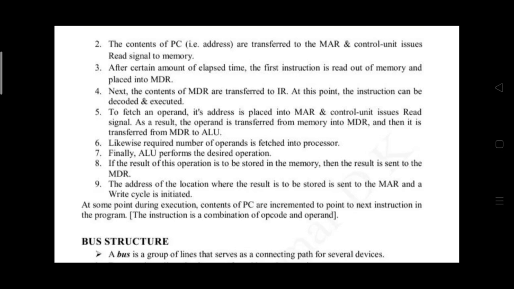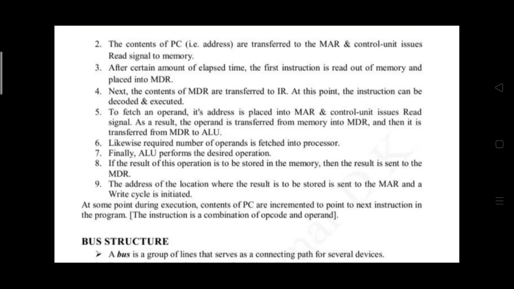Try to analyze and try to understand. This is the instruction which is being executed; its address value will be loaded onto MAR. At the same time, the PC is getting prepared with the second instruction. Whenever USN1 is answering, USN2 will be prepared for the question, right?